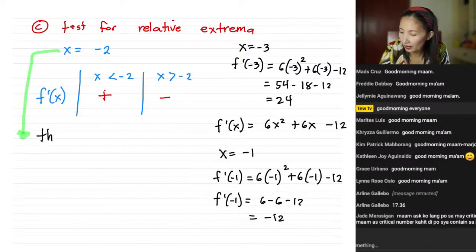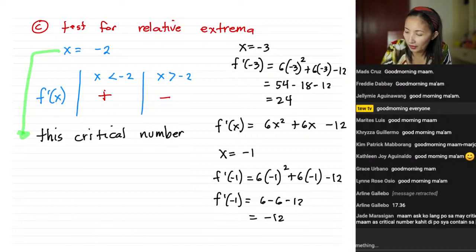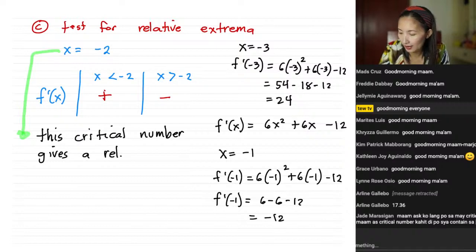This critical number gives a relative max.